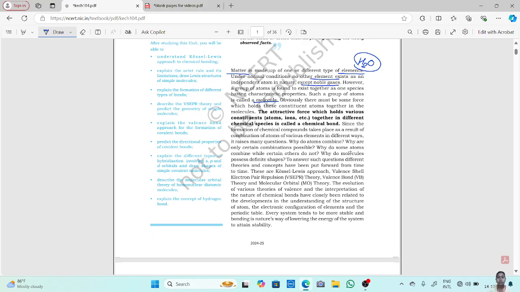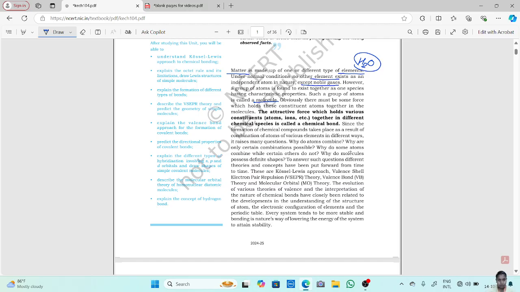Now, obviously, there must be some forces which hold these constituent atoms together in the molecule. As you know, a molecule is made up of two similar or two different atoms together. So there must be some kind of force or connection between these two atoms, right? That's why they are held together.